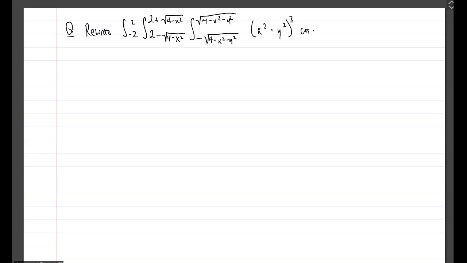So I'd like to rewrite the integral from negative 2 to 2, integral from 2 minus root 4 minus x squared all the way up to 2 plus root 4 minus x squared, integral negative root 4 minus x squared minus y squared all the way up to positive root 4 minus x squared minus y squared, of the function x squared plus y squared quantity to the third power times cosine of z dz dy dx in cylindrical coordinates.